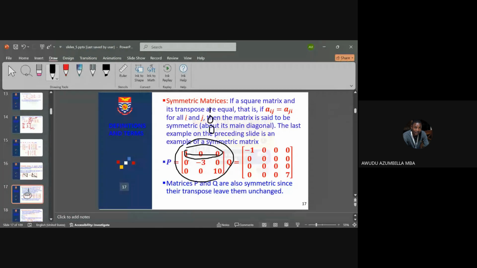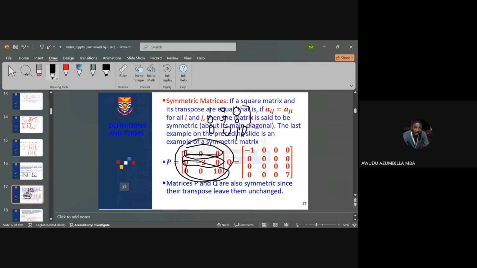The next one, write this one vertically. You are going to get 0, -3, and then 0. The next one, write this one vertically. You are going to get 0, 0, and then 10.